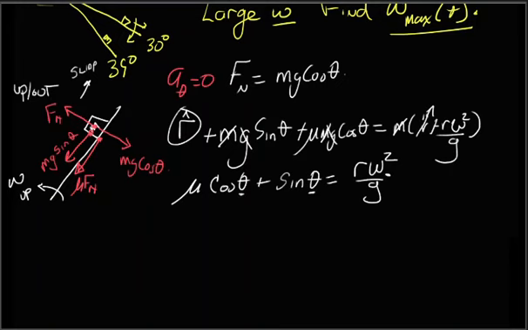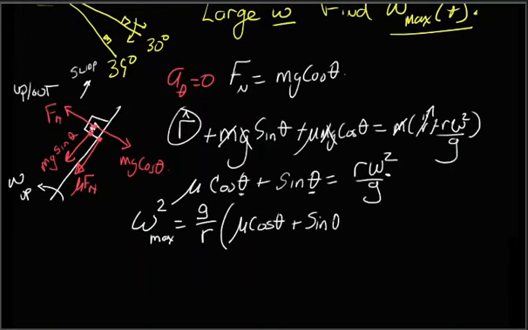Let's solve this for omega. Omega max for any given angle will be g over r, mu cos of theta plus sine of theta.